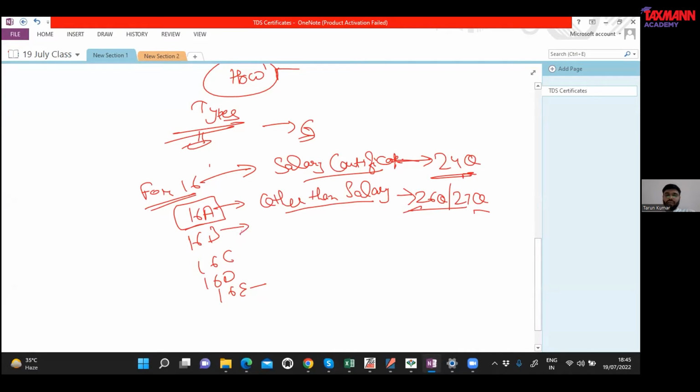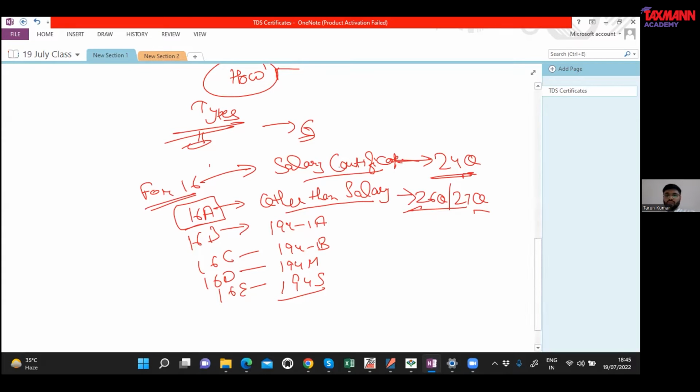Then 16B is for TDS deducted under 194IA. 16C is for 194IB. 16D is for 194M, and 16E is for 194S. Okay. So for these sections, 16B, 16C, 16D, 16E, TDS certificates are issued.